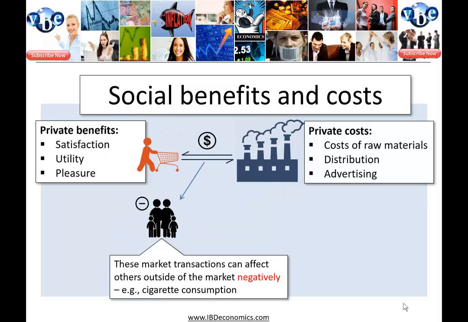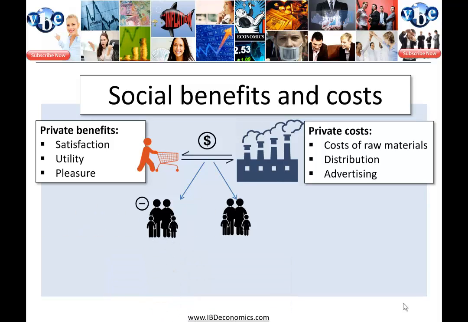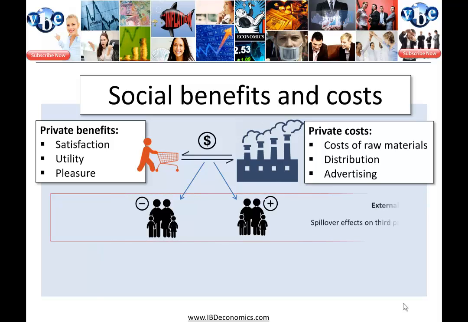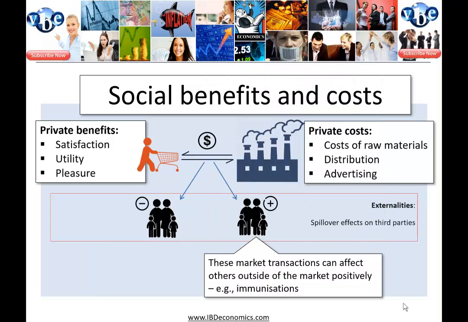And the market transactions can affect others outside the market negatively, like we've just seen with cigarette consumption, or positively, as in the case of flu shots, immunizations. So we call these externalities: spillover effects on third parties.